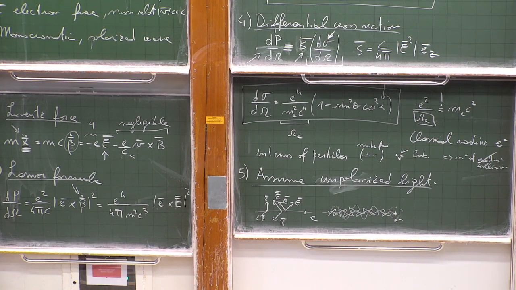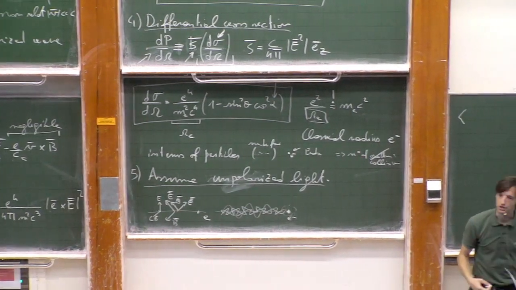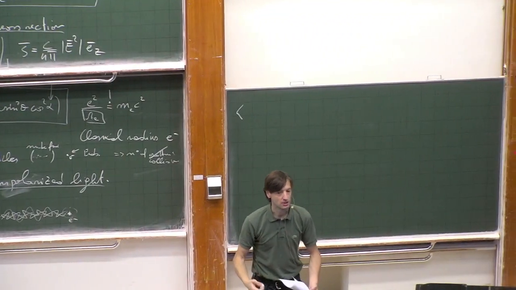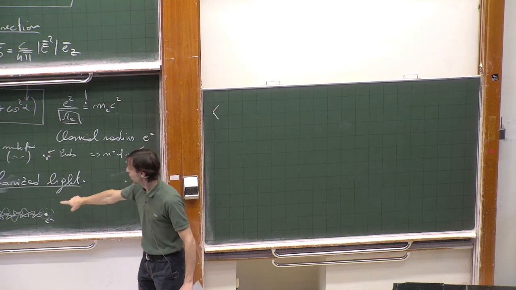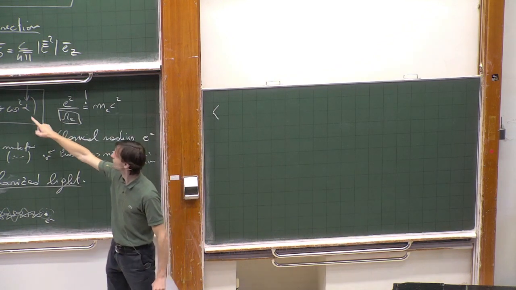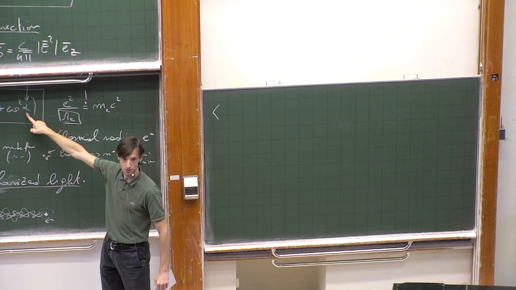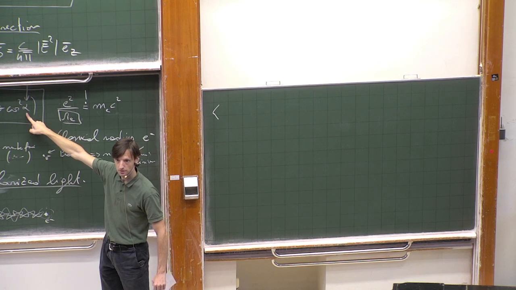What we need to do now is compute the average of the cross-section, and the average is going to be taken over the inclination angle of the incoming polarized waves.